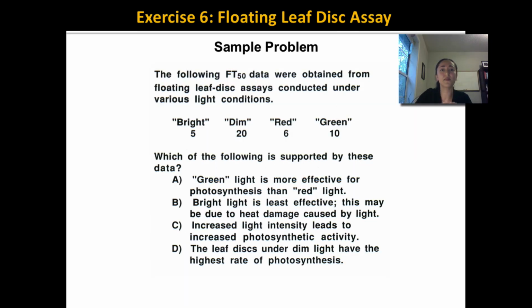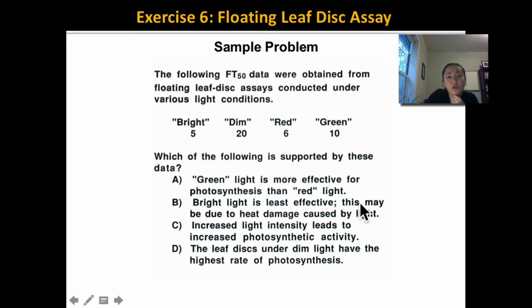So let's look at a practice problem here. The following FT50 data were obtained from a floating leaf disc assay conducted under various light conditions: under bright light, dim light, red light, and green light. So this is our FT50 values. So remember, again, FT50, if you read that, just think to yourself, it's telling me how long it took for the disc to rise.